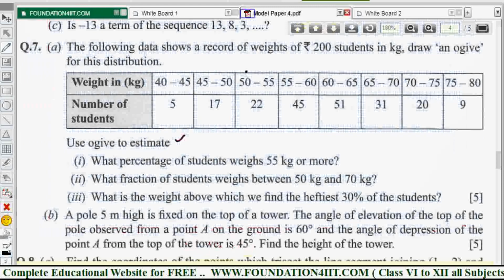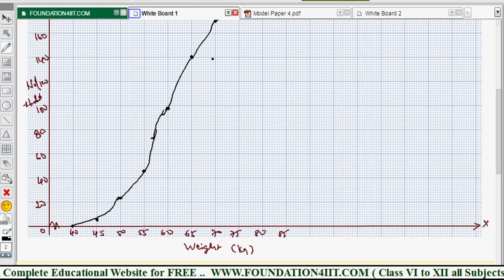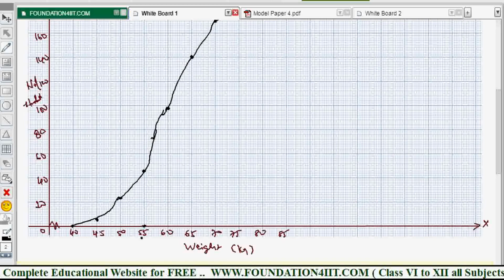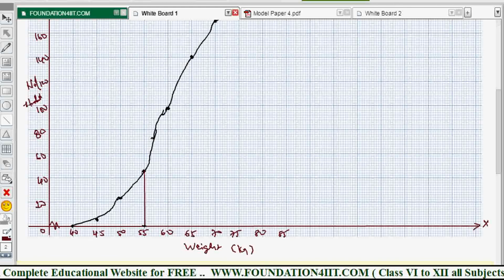First one: what percent of students' weight is 55 kg or more? That means 55 kg or more, they said. So we'll take 55 kg. From here draw a straight line. Extend this line to the other side.